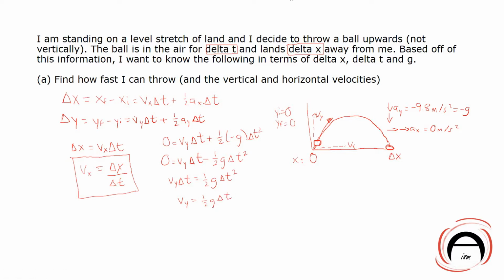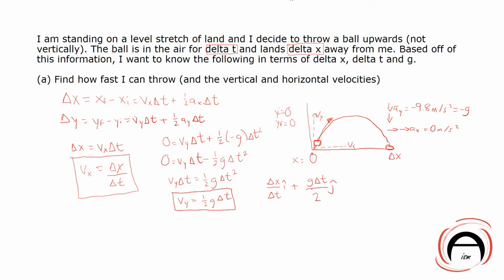So right here, we have our velocity in both directions. If we want to write that with our unit vectors, all that would be is delta x over delta t i hat plus g delta t over 2 j hat.